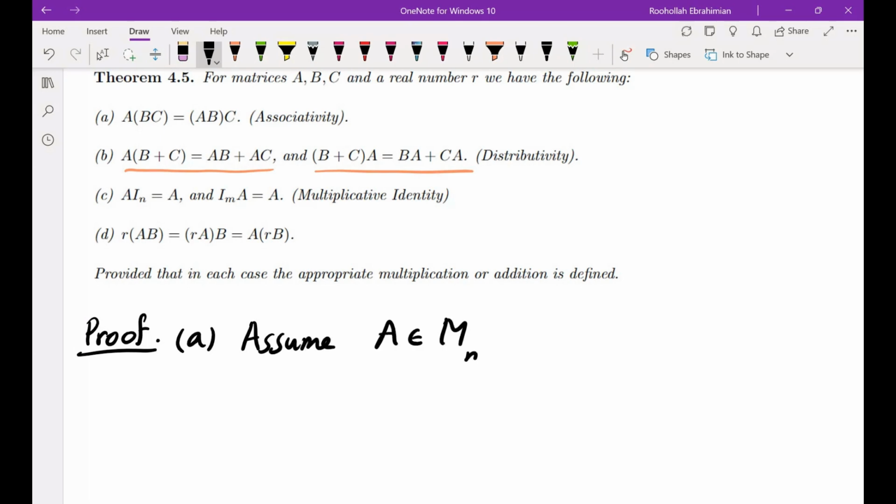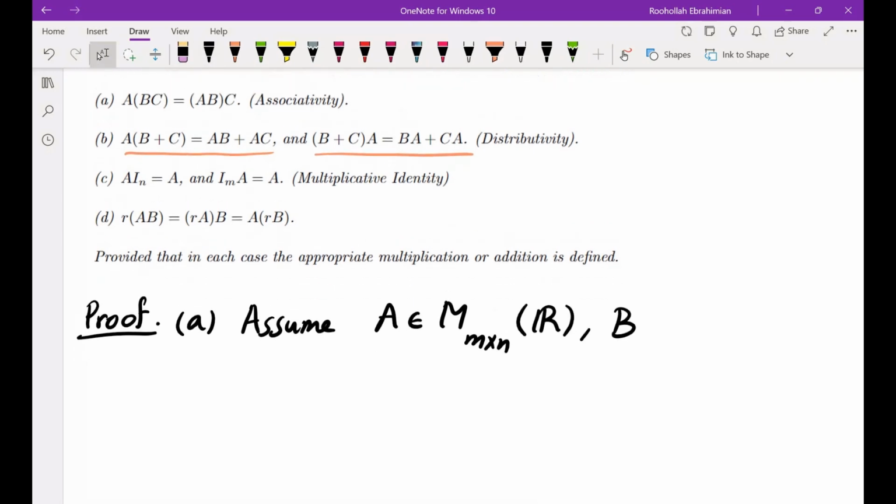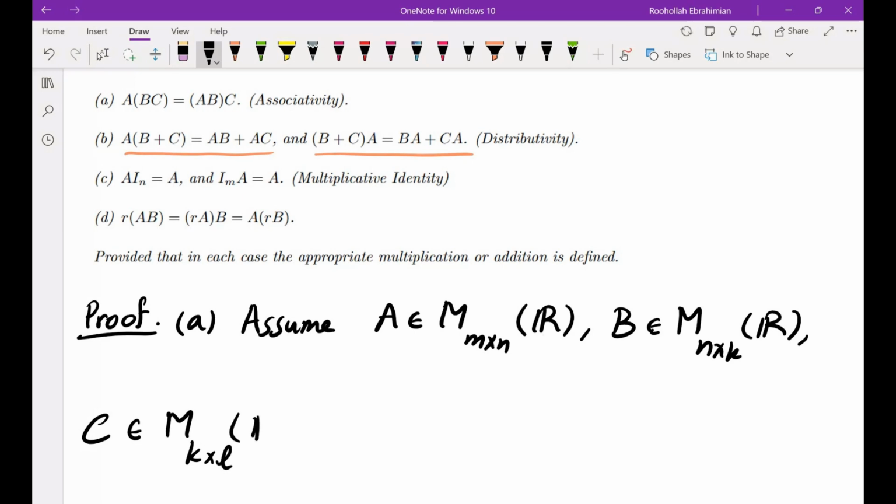is m by n. In order to be able to multiply A and B, I need B to be n by k, and I need C to be a matrix that is k by l.